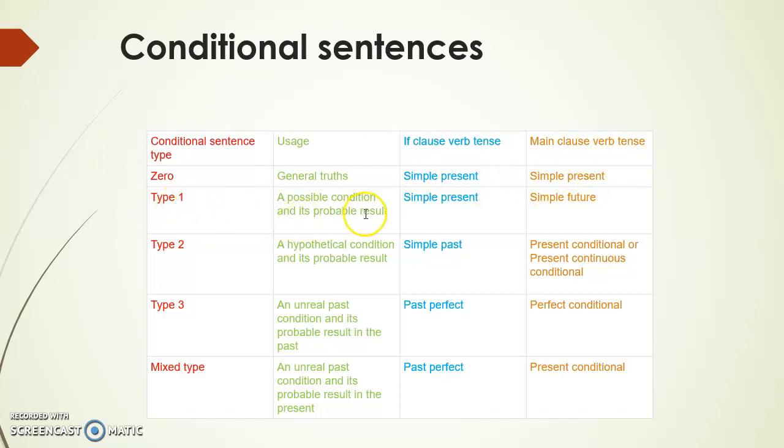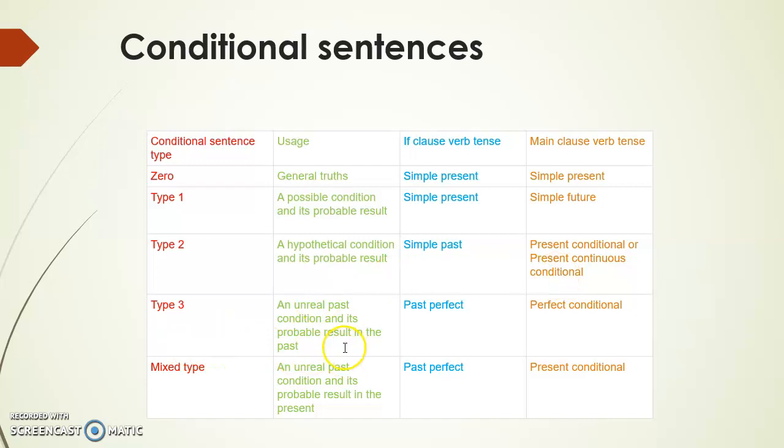Type 1, a possible condition and its probable result: simple present, and the main clause will be simple future. And type 2, a hypothetical condition and its probable result: the if clause verb tense will be simple past, and the main clause will be the present conditional or present continuous conditional.